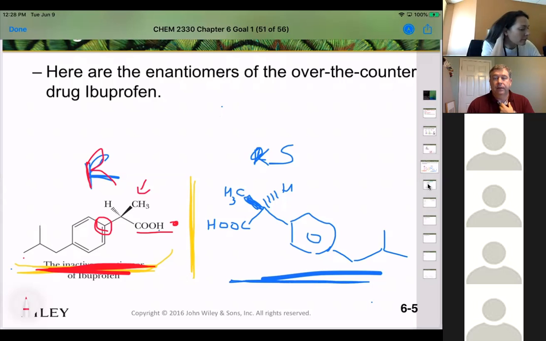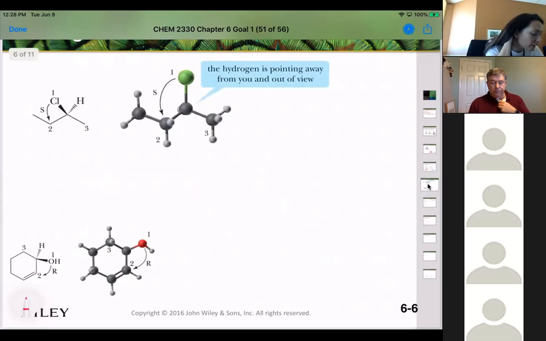All right, so let's show another way of assigning R and S here. In these structures, we have some different structural elements, and we've already assigned them for a priority. Chlorine is number 1 because of its high Z number. The one assigned number 2 has a carbon and a carbon bond.